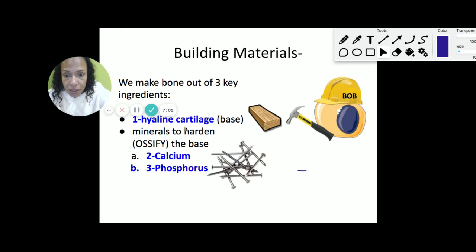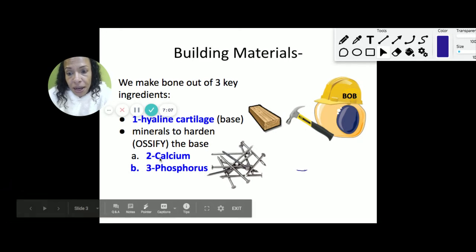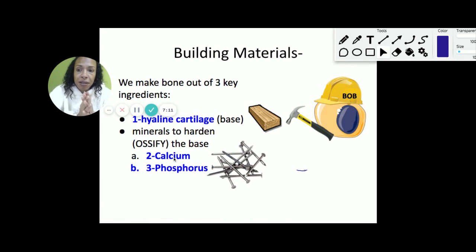However, once the cartilage is there, bone building is relatively easy. We only need two ingredients at that point. We need either calcium or phosphorus. And those are basically going to make that cartilage into hardened bone. It's the stuff that sets the bone into something solid and mineralized.